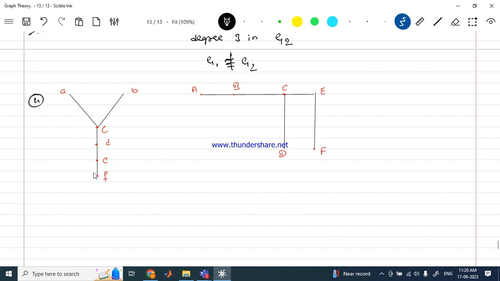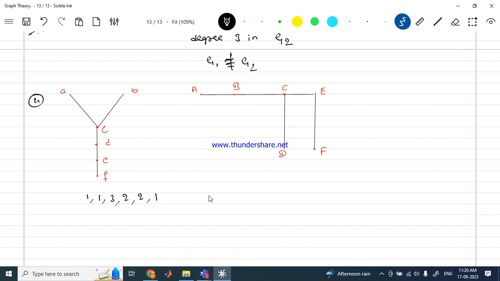Look at the degree sequence. It's 1, this is also 1, and this one is 3, this one is 2, and for this one it is 1. Look at this one.